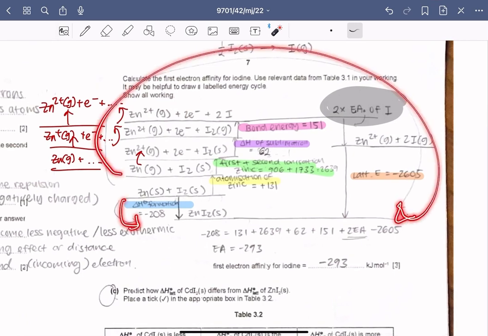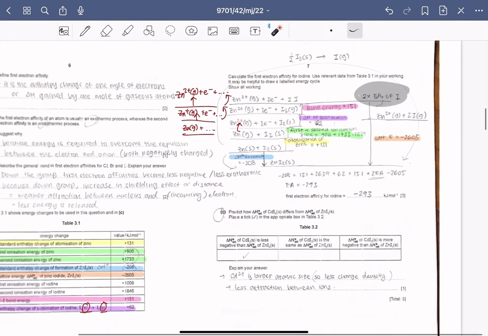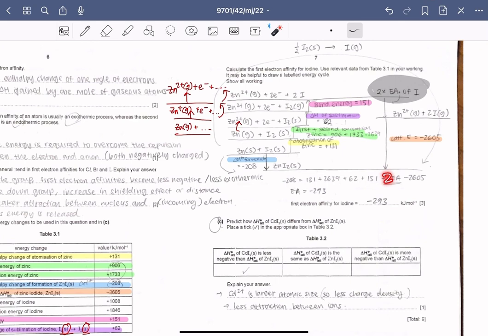So negative 208 is equal to, you add up 131 plus 2639 plus 62 plus 151 plus 2EA electron affinity plus negative 2605. So EA, I would get negative 293. Why this is 2 is because there are 2 electrons, and so I want to get rid of the 2 electrons. I divided by 2 later. Negative 293 I got. That's the answer that I got.